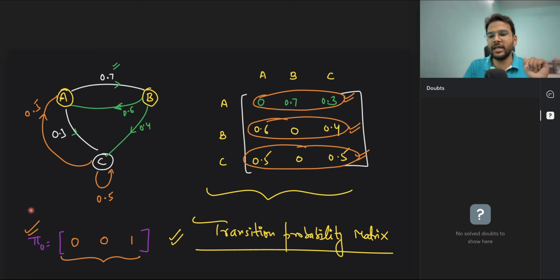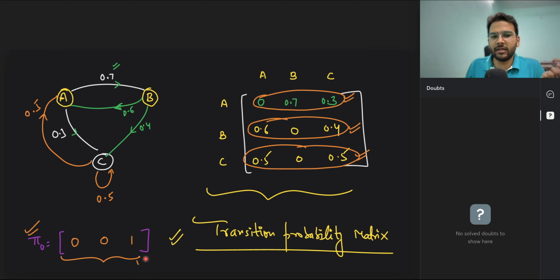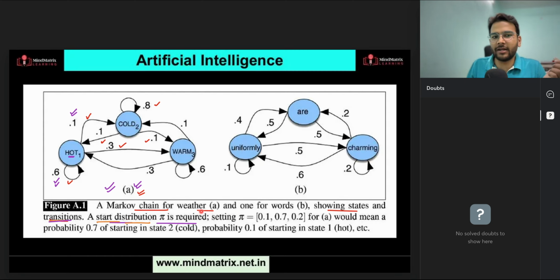Second thing is pi is the initial state. As you can see here, this is a starting distribution, right? What is the probability of starting from a given state? In the example they have given, what is the probability that you are starting from a cold state?